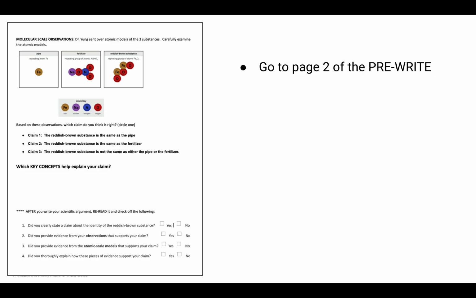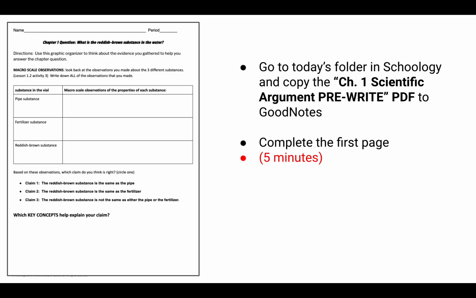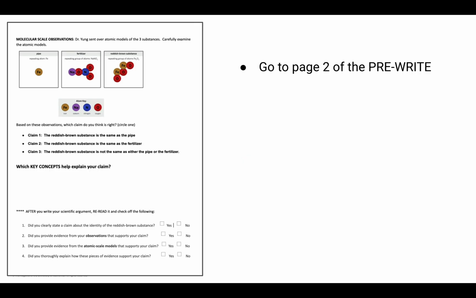And so now, not only do we have macro scale observations, what we see with our naked eye, now we have molecular or atomic model, atomic scale evidence. And you can see that the pipe is made just of Fe. Fe is iron.